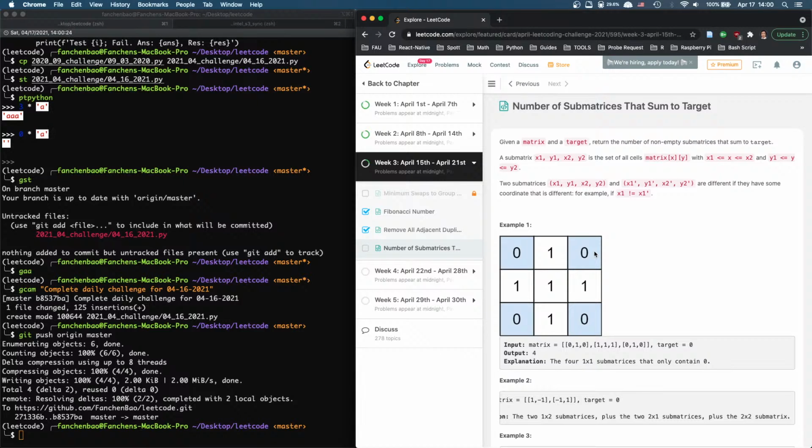Once that's done, we add a new row, and we have the cumulative sum of the 2 above us. That's good, but we also want to do 1, right? Merge with 1 and merge with 2. So now we have 3.